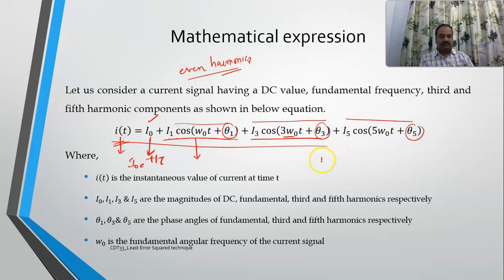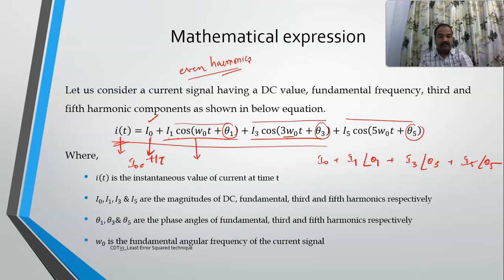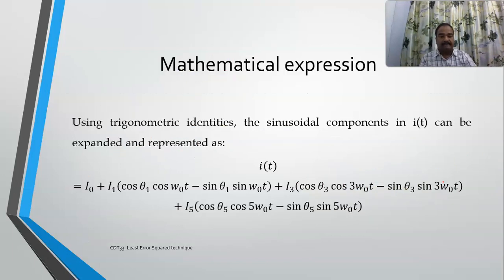So I can represent it as follows. When I expand this particular term, this is cos, and if I take it as cos(A+B), I can expand it as cos A cos B minus sin A sin B. Based upon this, I have expanded the entire term of i of t.